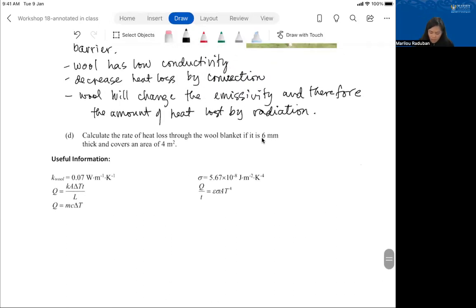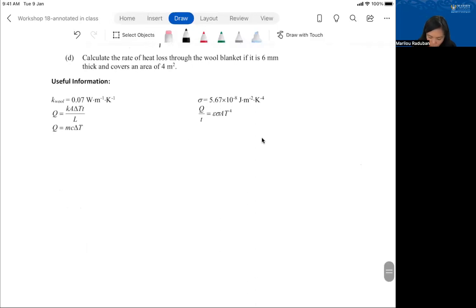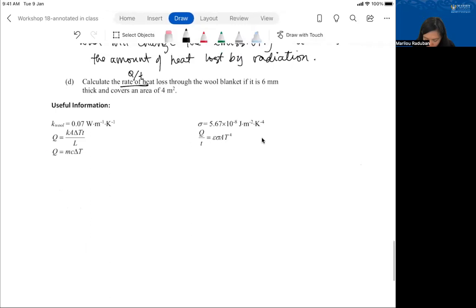Okay. All right. And the last question, calculate the rate of heat loss through the wool blanket. Okay, so rate, Q over T, through the wool blanket if the blanket is 6 millimeters thick and covers an area of 4 meters squared. Some keywords here will give you a clue as to the mechanism of heat transfer. First, you have through the wool blanket.